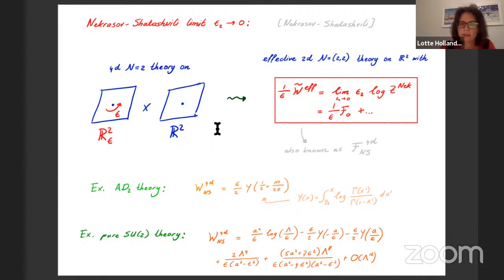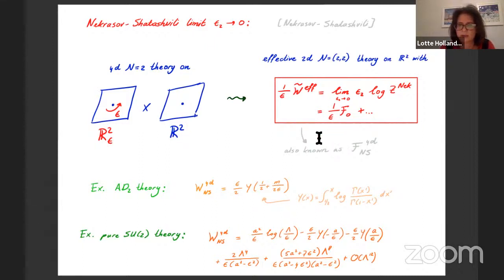Such a two-dimensional theory is characterized by a superpotential. Nekrasov and Shatashvili have argued that this superpotential is essentially a limit of the log of the Nekrasov partition function in 4 dimensions. That is, it starts out with this term 1 over epsilon, which is now the equivariant volume of this R^2_epsilon factor, times the prepotential.